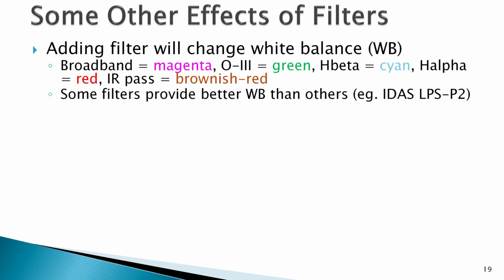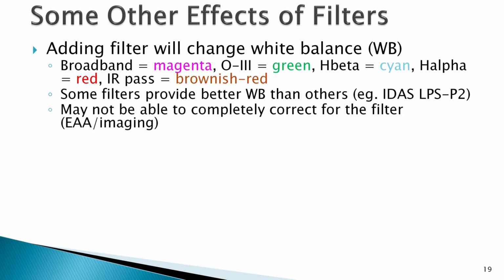Some filters are better than others for white balance. For example, multi-broadband filters give a good color-balanced image. For those of you who are doing EAA or imaging, post-processing may or may not be able to completely correct for the hue added to the scene by the filter.